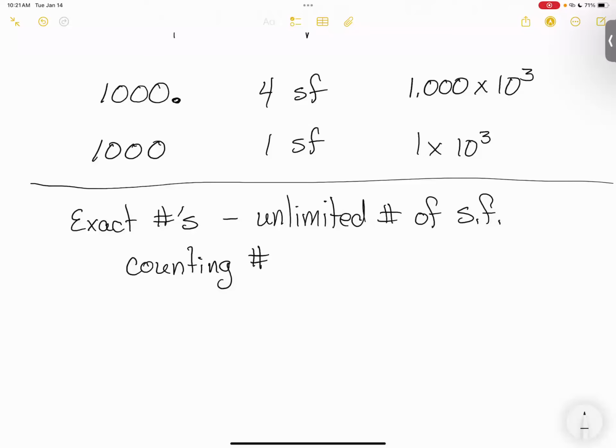So when you count 1, 2, 3, 4, 5, 6, that is an exact number. 12 eggs in a dozen is an exact number, because I counted the number of eggs.